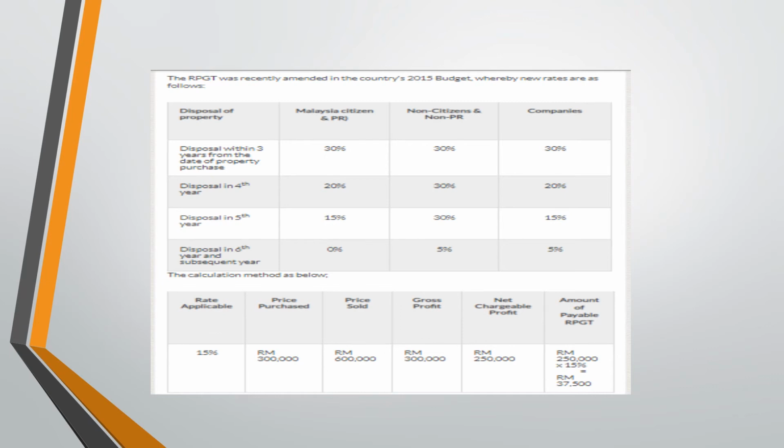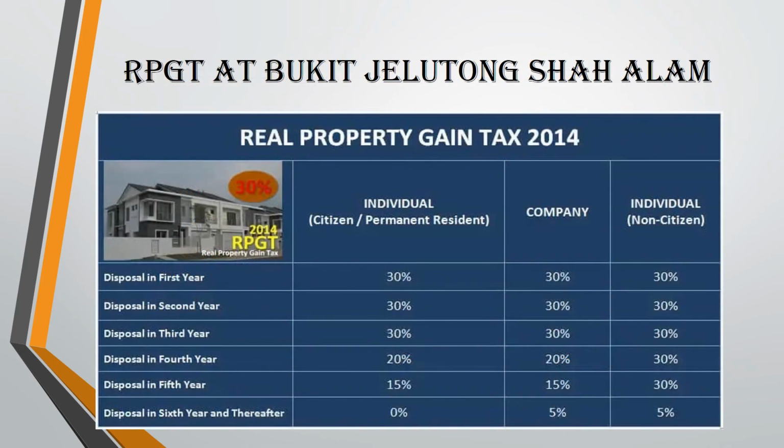So the amount of payable RPGT is RM250,000 times 15%, and it will be equal to RM37,500. This is an example of RPGT at Bukit Jelutong, Shah Alam.